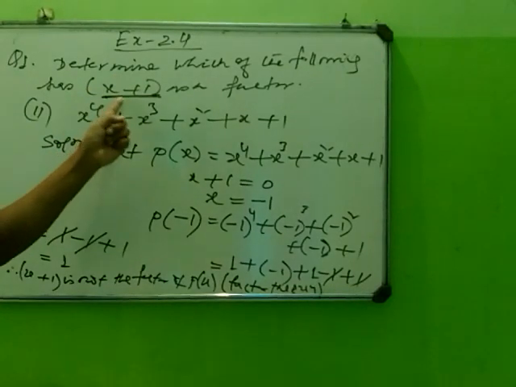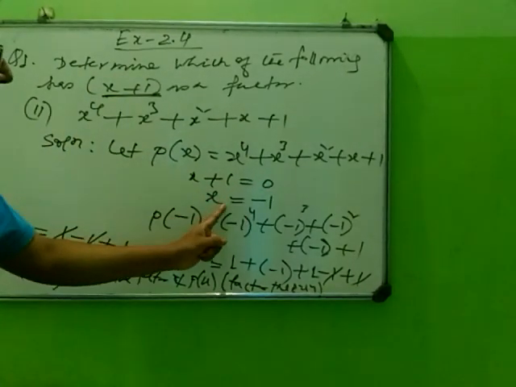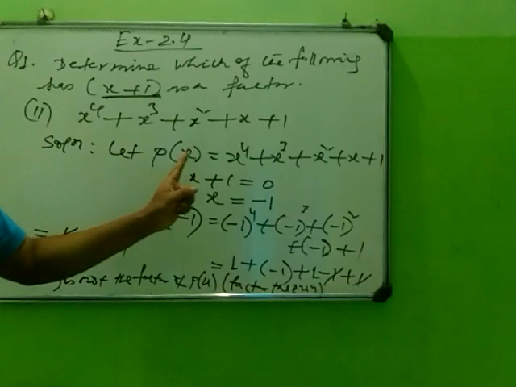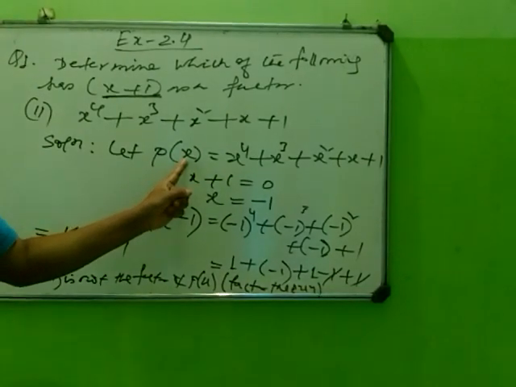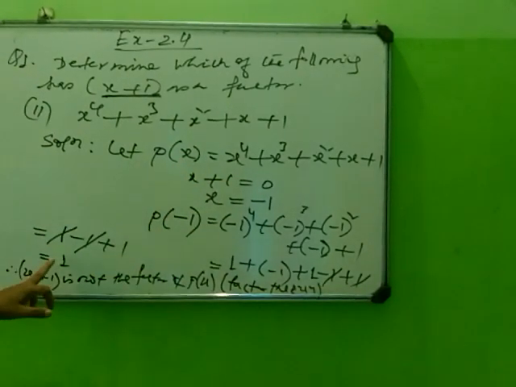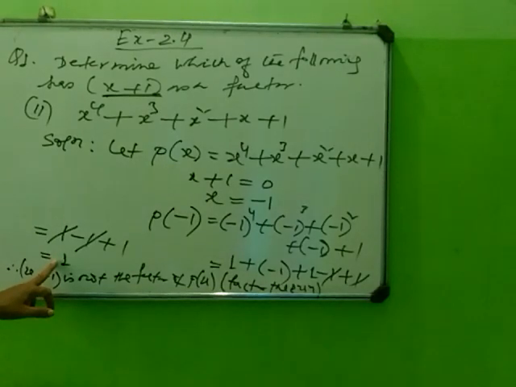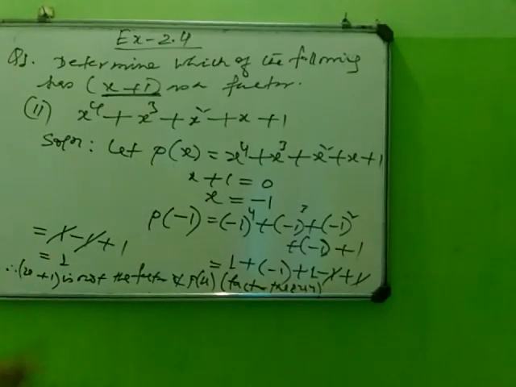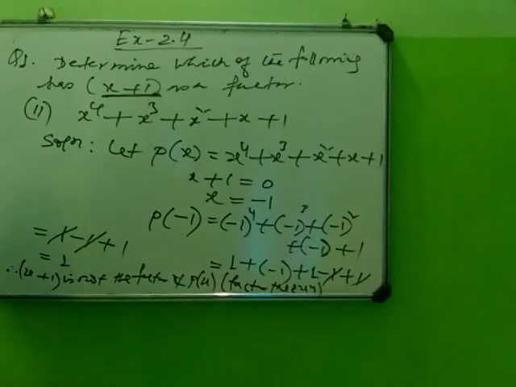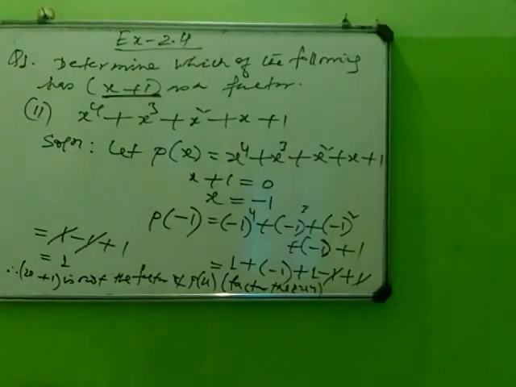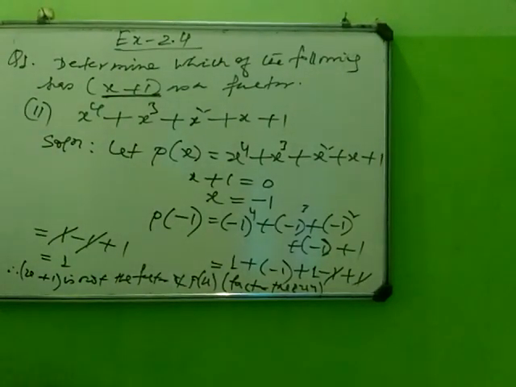So you make the divisor equals to 0. So you got x as minus 1. So in place of x you put minus 1, result you got 1. Since you did not get 0, therefore by the factor theorem, x plus 1 is not the factor of p of x. Next, let us take question number 4.